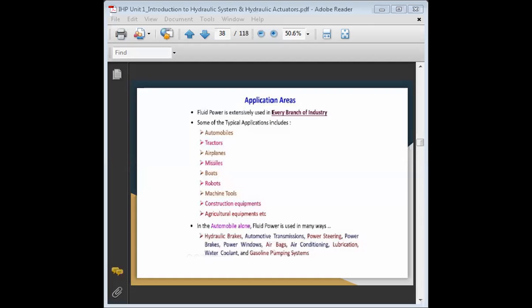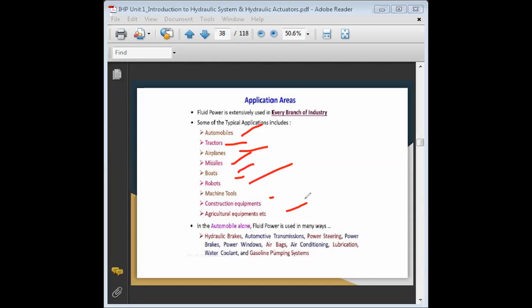Some of the typical applications include industries like automobile, tractor industries, airplane industries, then missiles, boats, robots, machine tools, construction equipment, then agriculture equipment. In these areas, our fluid power is used.